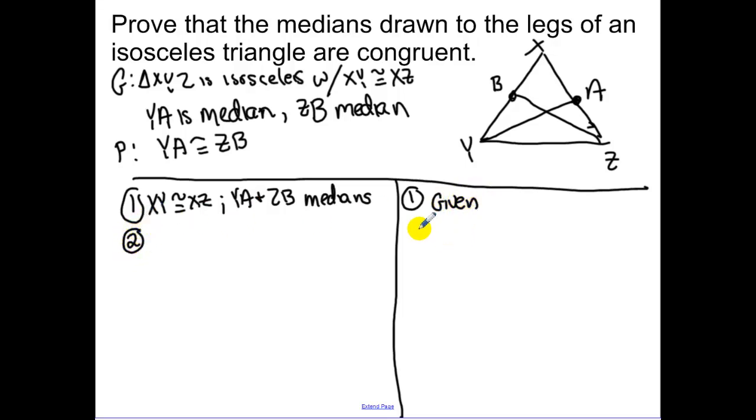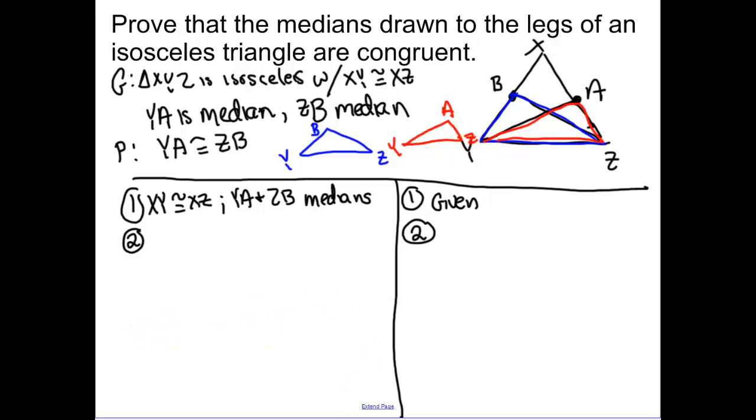Second step, write something about the given. Probably the triangles I'm going to want to prove congruent, because I'm trying to prove YA congruent to BZ, are triangle BYZ congruent to triangle YAZ.